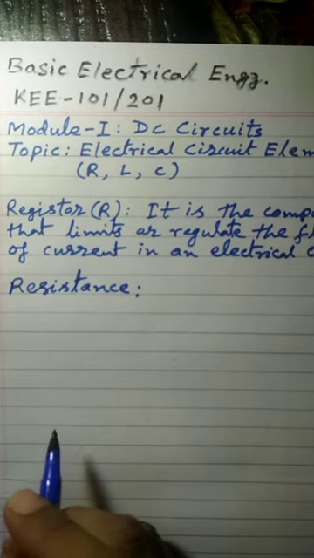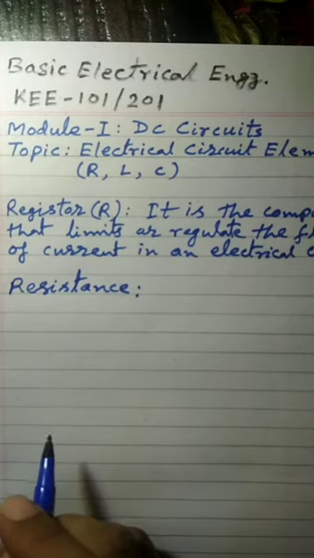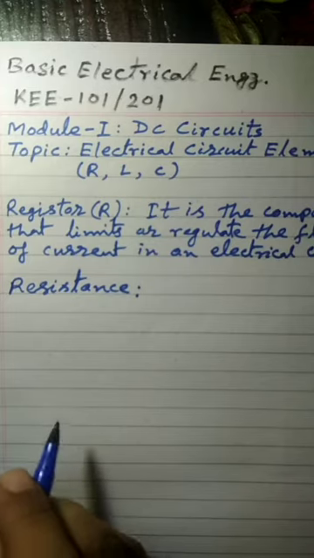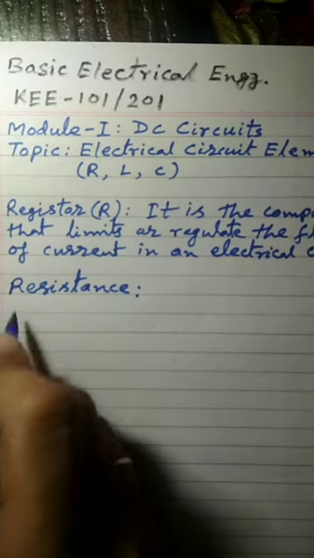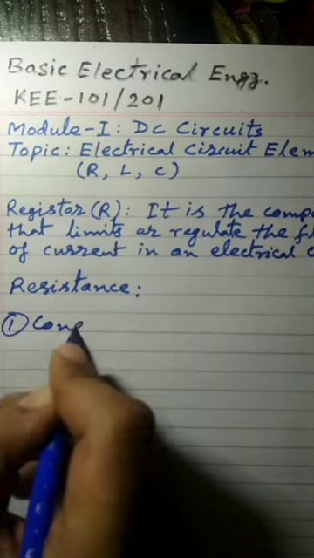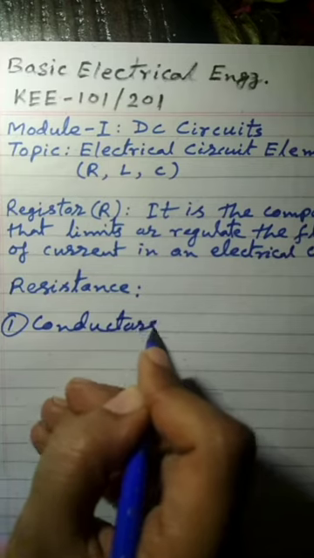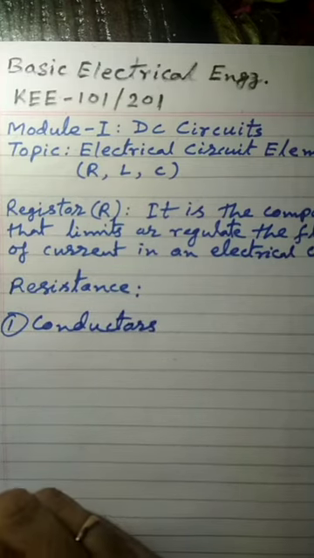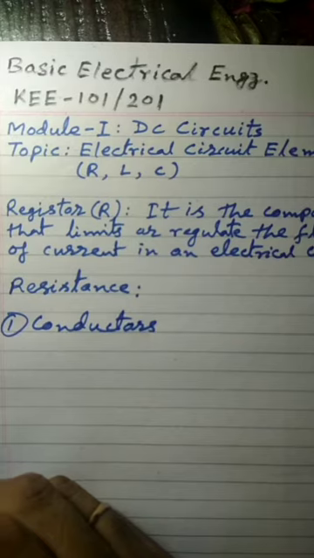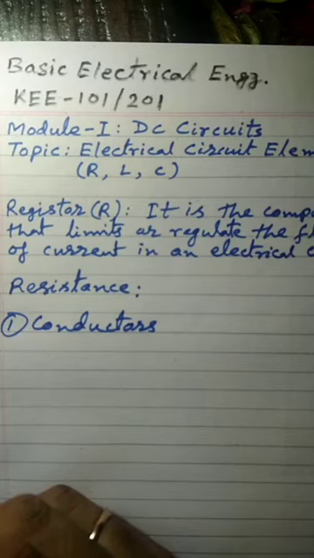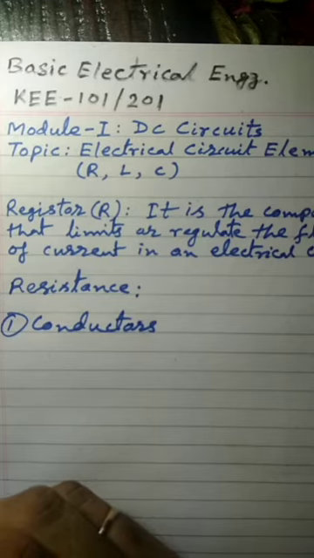Now all materials have some property of resistance, and the materials can be categorized into two different parts. The first one is called conductors. It is the material that offers very little resistance, where electrons can move easily through the circuit.